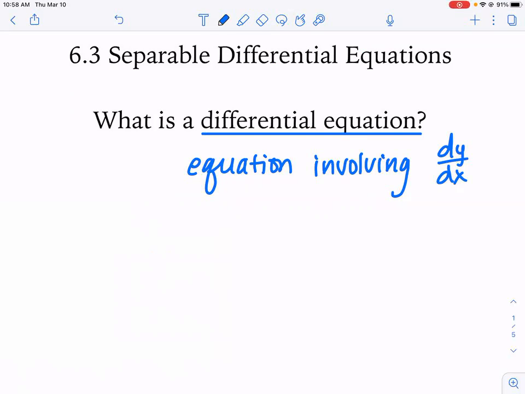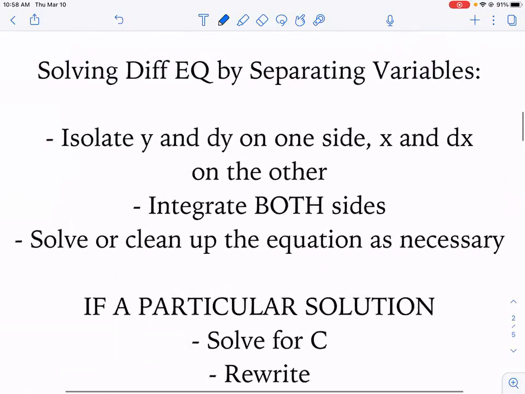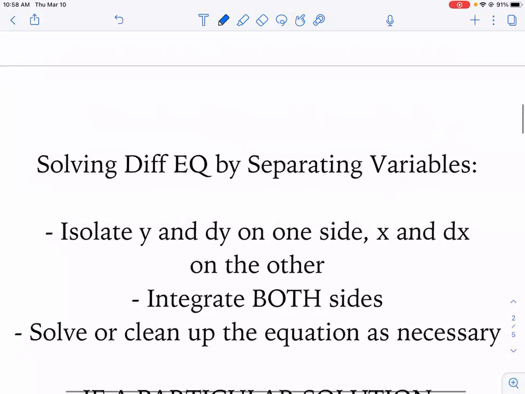So what you're going to do is try to get anything with a y over on the side with dy, and we're going to multiply dx over to be with the x so that we can integrate both sides. We're going to integrate one side with respect to y, one side with respect to x. Then we're going to make it look pretty.